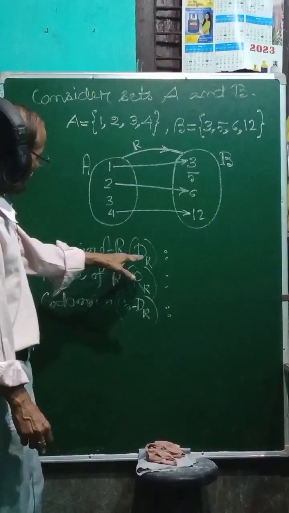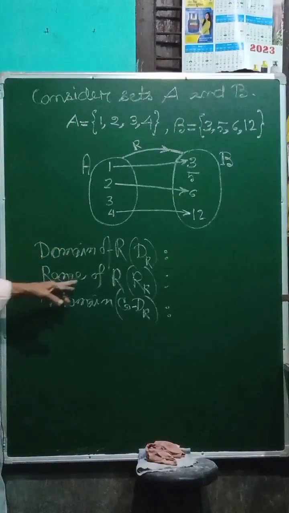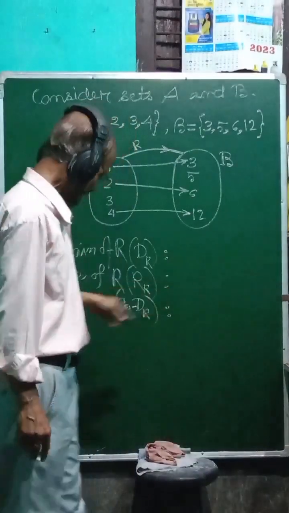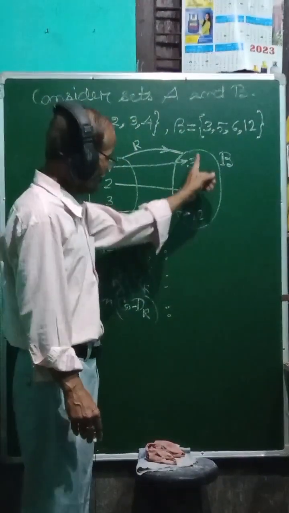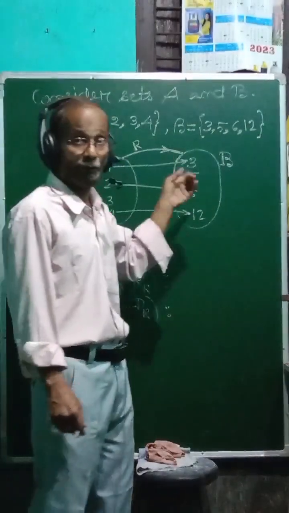So, domain of R is the set of all first elements, and range of R is the set of all the second elements, and codomain of the relation is this total set itself, in which the first elements are constant to all.